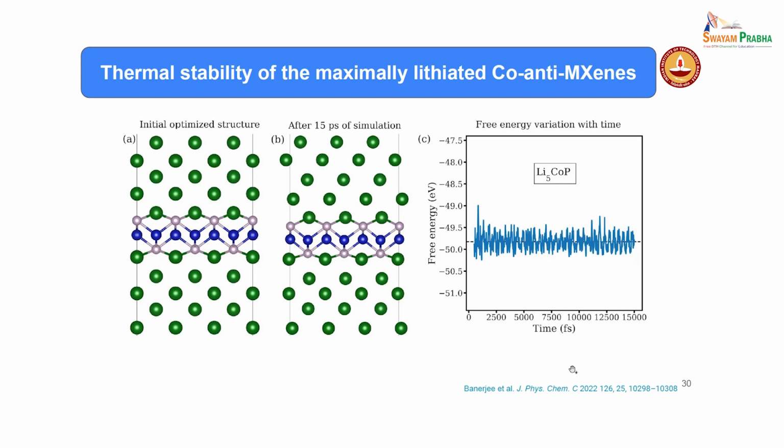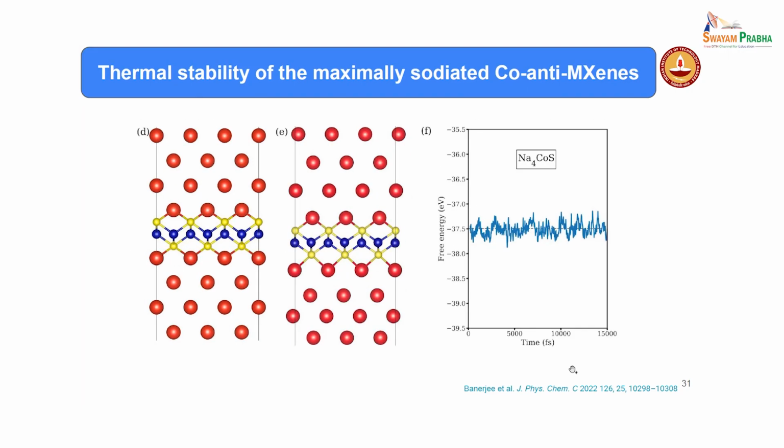This is very little time on the human scale, but when you are doing molecular dynamics simulations, these are very high time scales. And we find that there is nothing that is hugely changing, and there is no formation of agglomerate in these systems, which suggests that these materials are pretty stable. Same thing we also did for the sodium case, and we also see that the energy changes are minimal. So if there is any formation of any new compounds, what will happen?